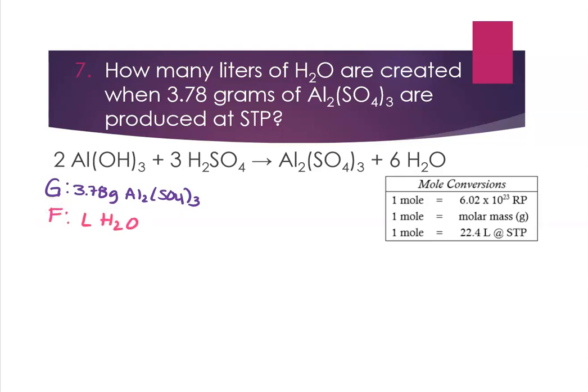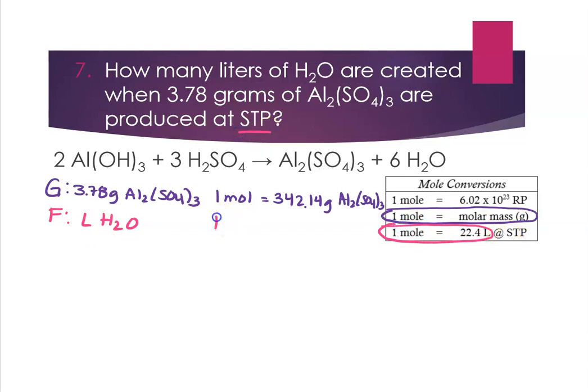So to get from grams to moles for my first one, I need the molar mass conversion. The molar mass of Al2(SO4)3 is 342.14 grams. And then I'll need a liter conversion, 22.4 liters at STP, and I am at STP, so that is not a problem. So this is 22.4 liters of H2O.